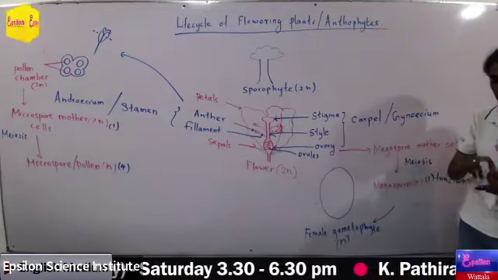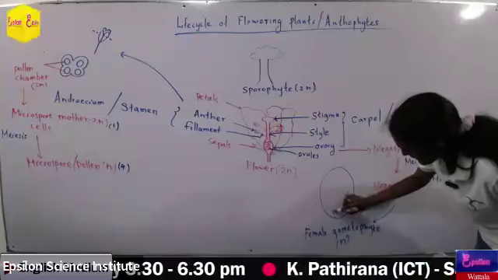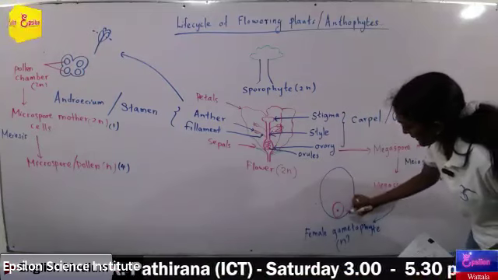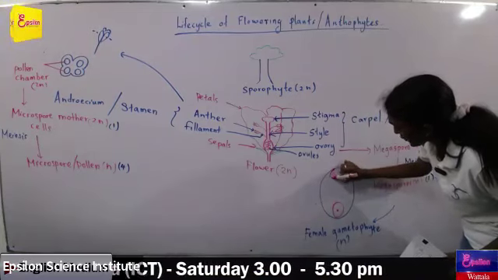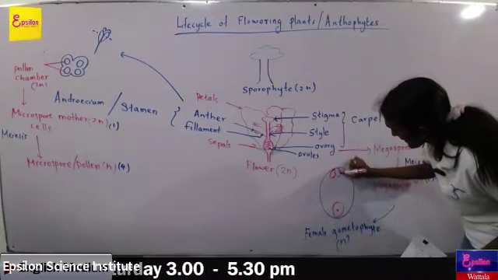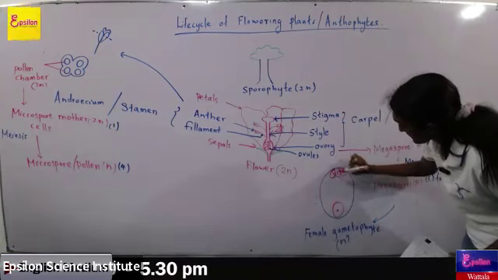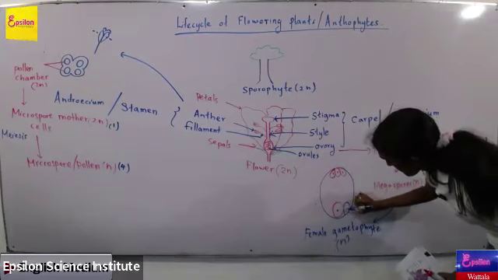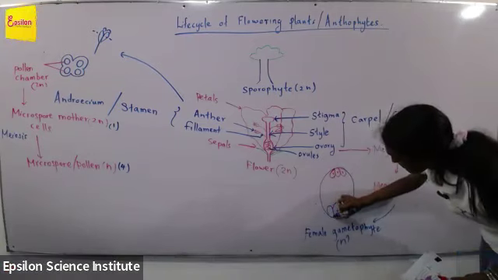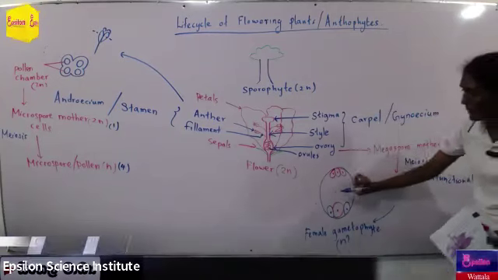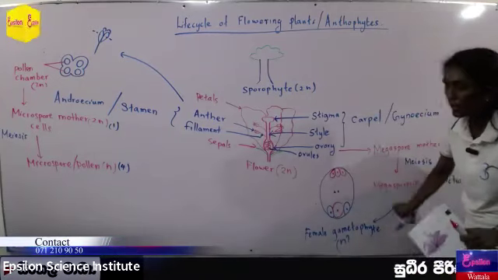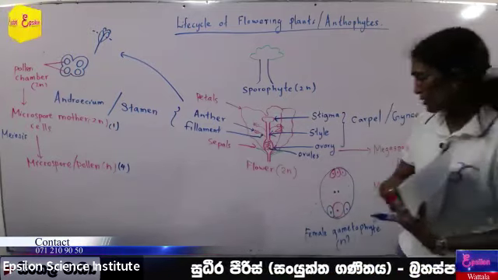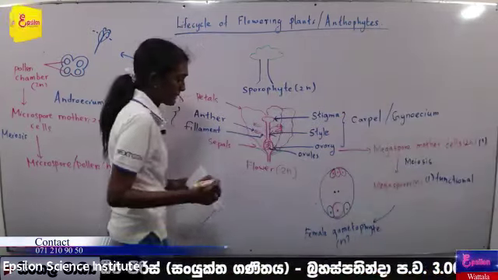One big cell. Inside that, one egg cell is there with the nucleus. And there are 3 antipodal cells with 2 synergids. Also, in the middle, there are 2 nuclei called polar nuclei. Got it? This structure is also known as the embryo sac.